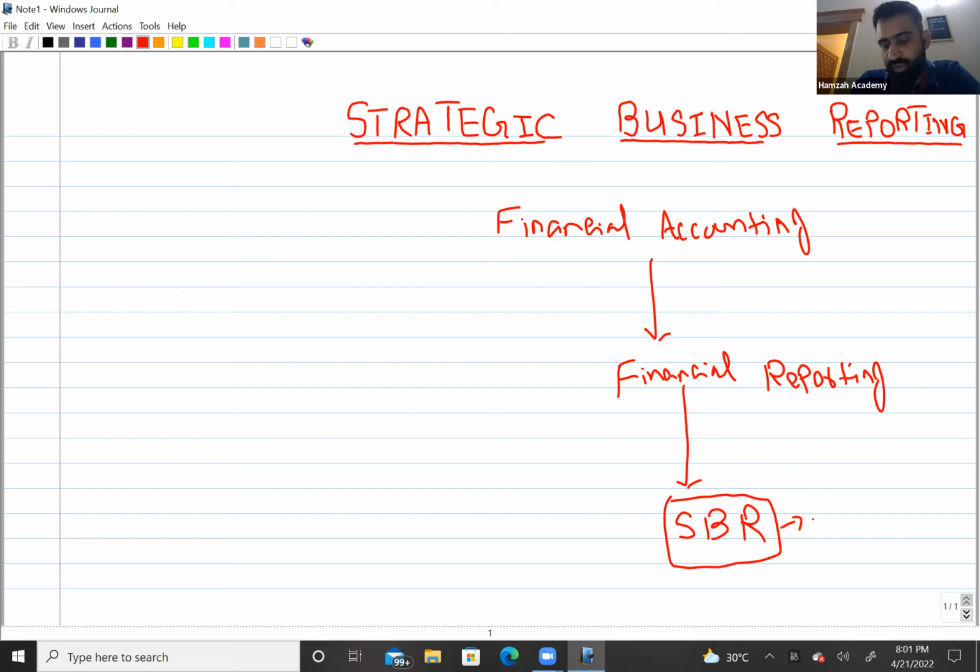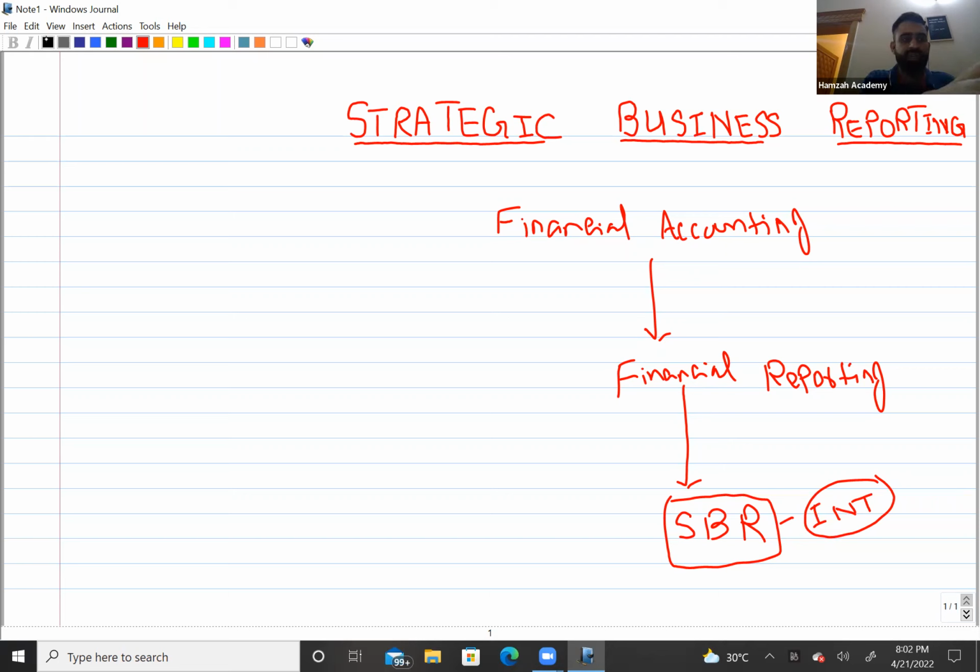We are going to learn the international version of this paper. This paper has specific versions like UK or Singapore, but our version is SBR International.